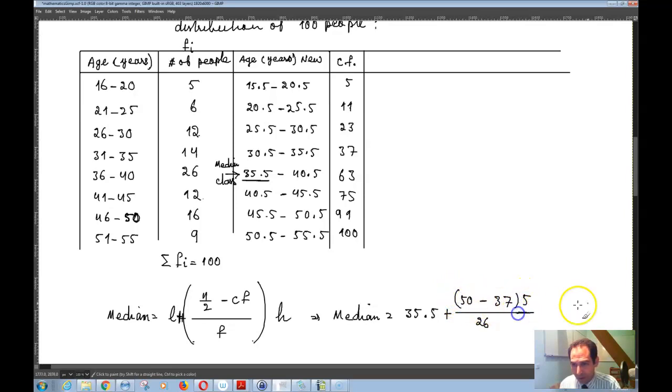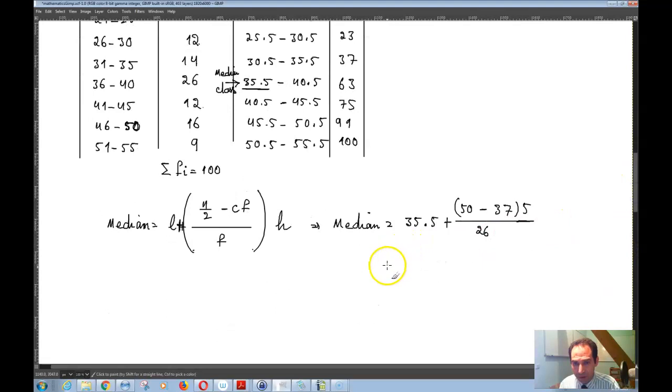So that is equal to 35.5 plus 50 minus 37, which is 13, so 13 by 26 times 5, which is 2.5.